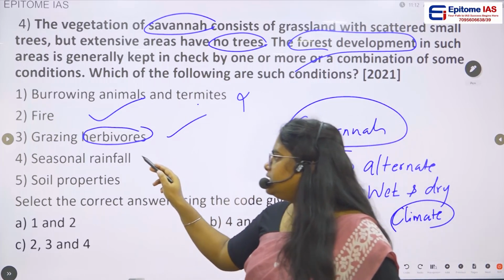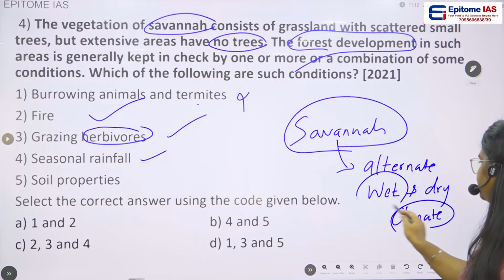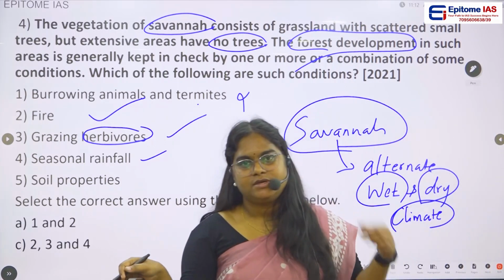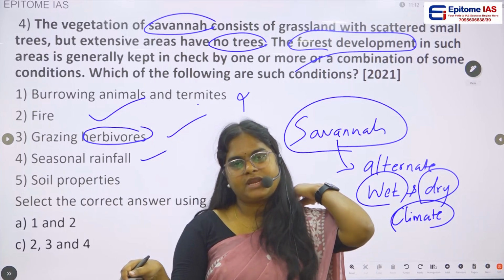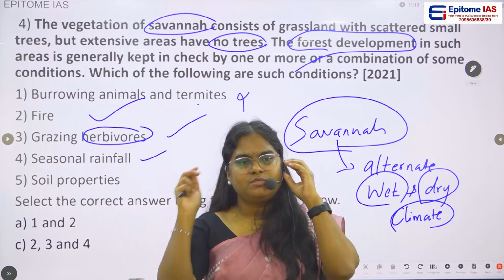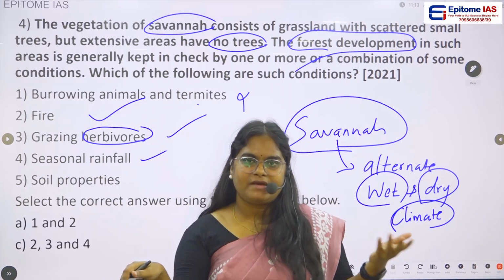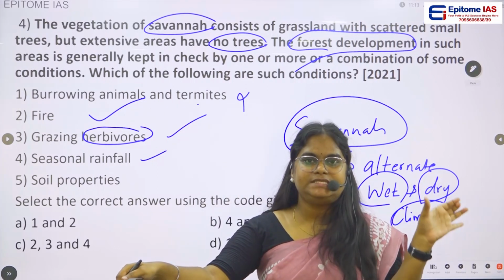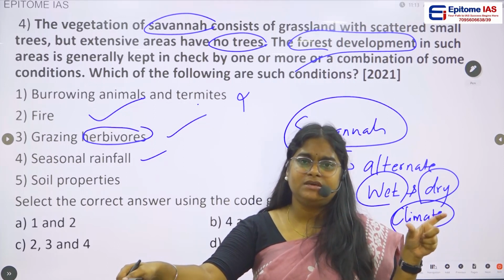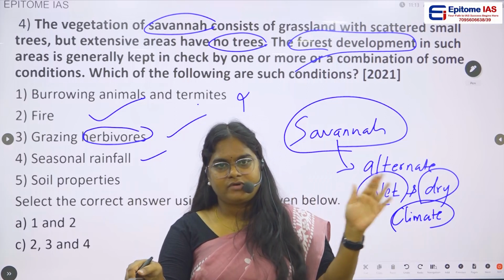Then it has seasonal rainfall. Yes, as I already told you, this type of climate is an alternate wet and dry climate. So it is a very seasonal type of climate, similar to the monsoonal type of climate. In a monsoonal type of climate, we'll have rain in a particular season. Just like that, in these areas of savanna grassland, we'll have rain at a particular time of year.